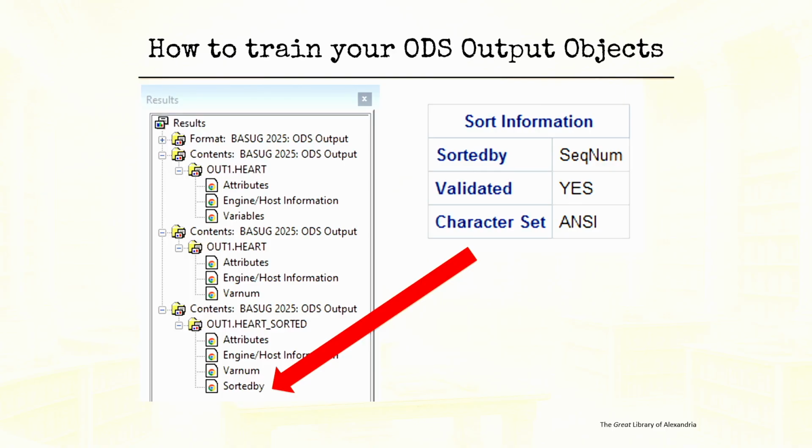It's present in the printed output. You have a little note underneath saying that this data set is sorted by. But that information is often helpful, particularly if you're making code books or something like that. So it's a nice little piece of information that you can get.